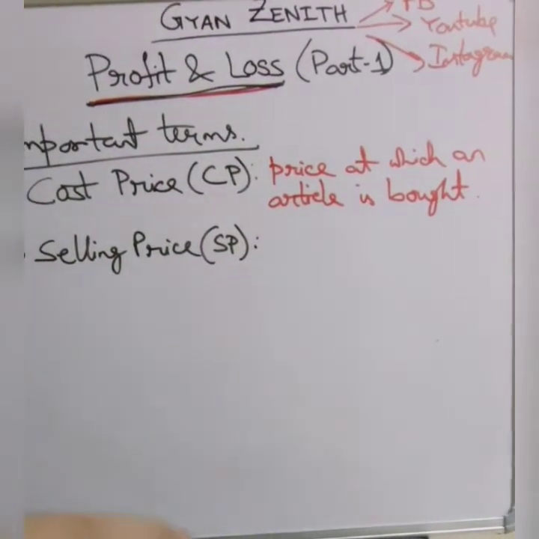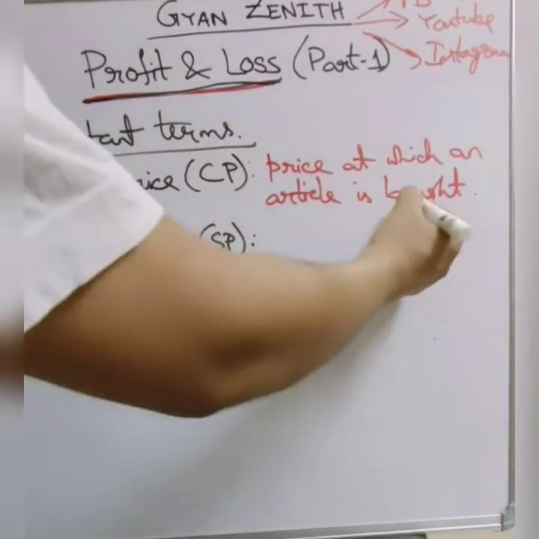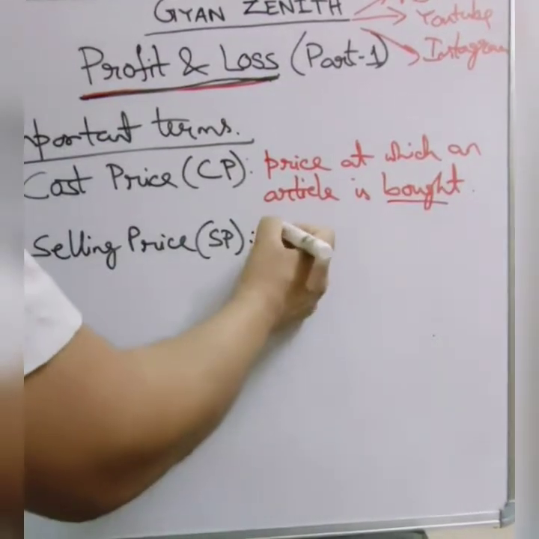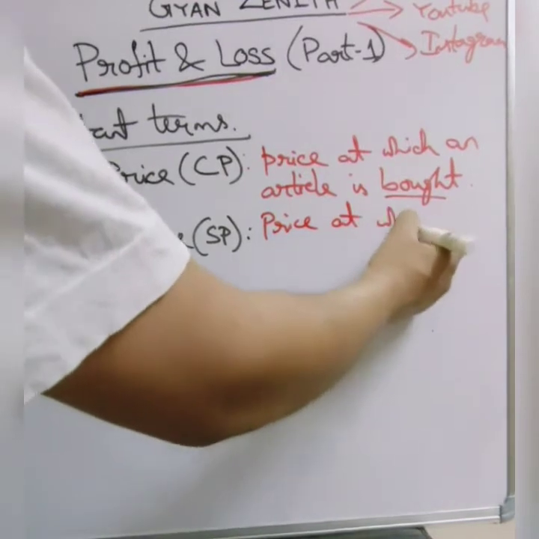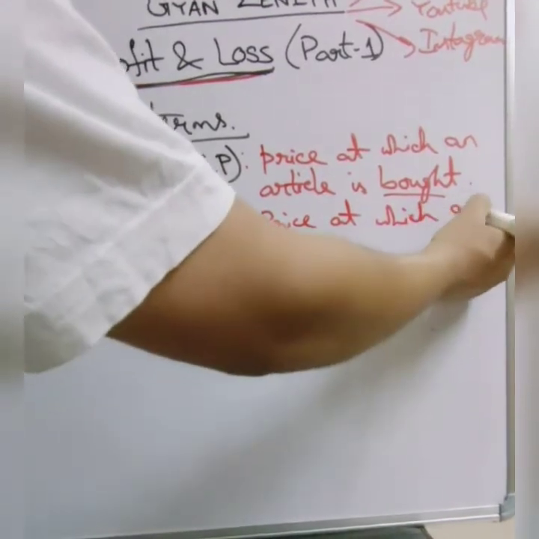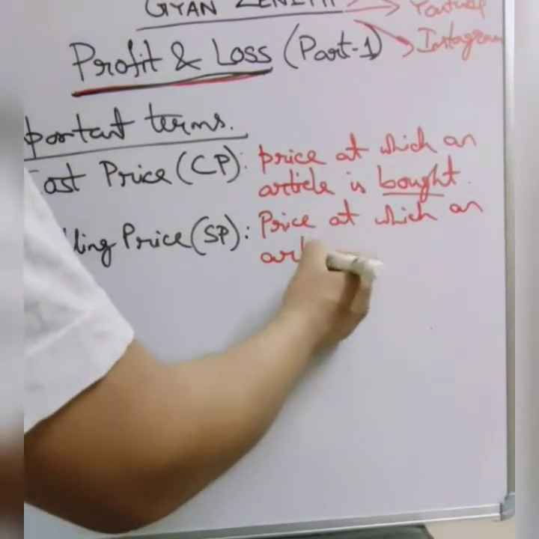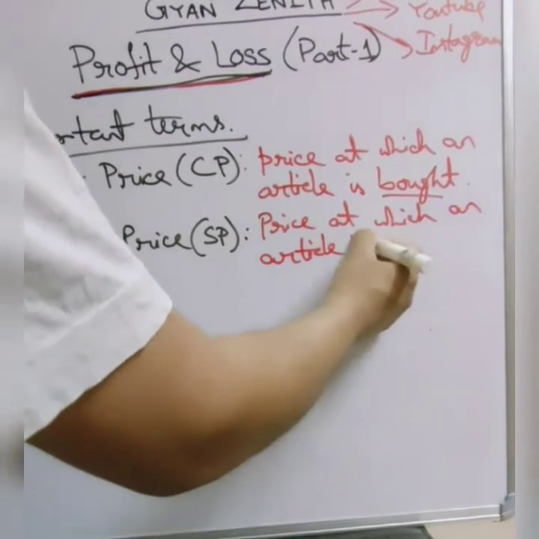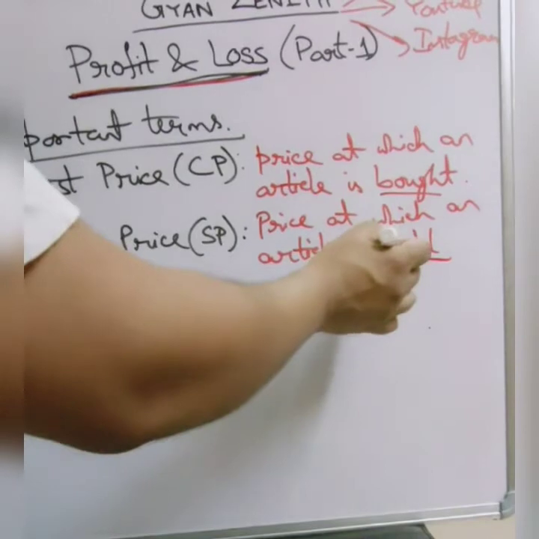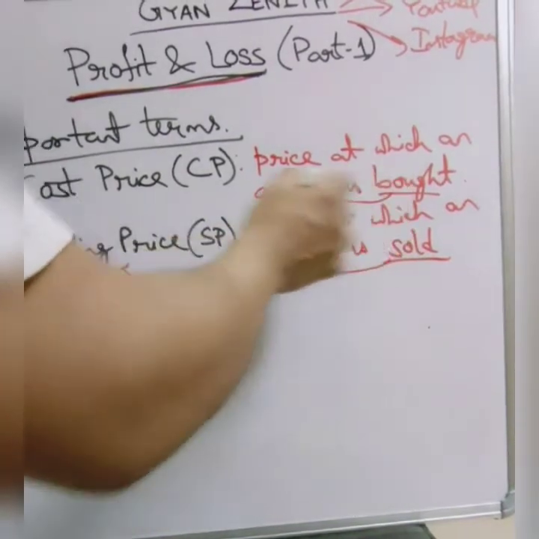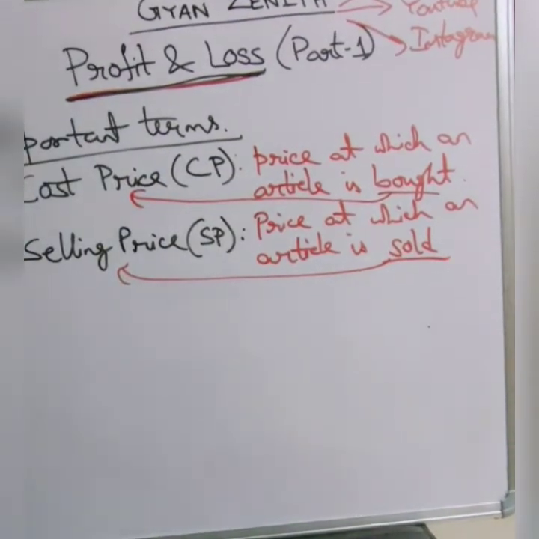So what is this SP? Here cost price is the price at which it is bought. Similarly, selling price is the price at which an article is sold. So sold is selling price, bought is cost price.